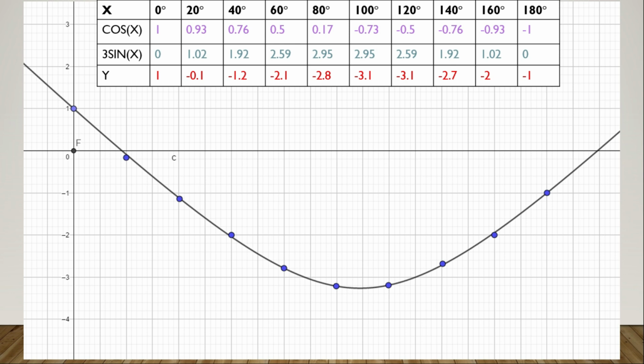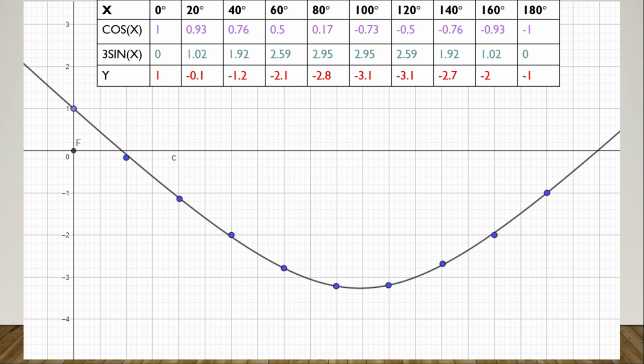You can see that over there. Then 60, negative 2.1. And that is the graph we have seen over there. Now, it has made it easy for us all.